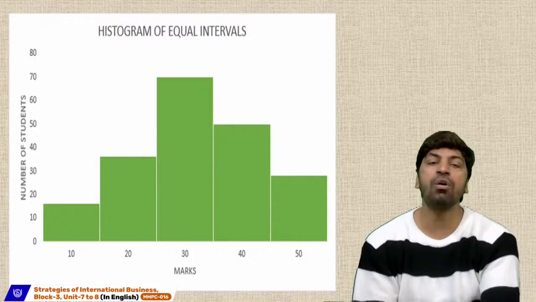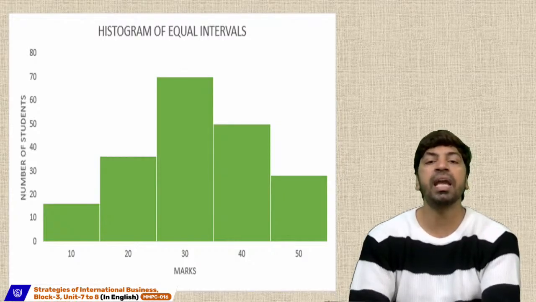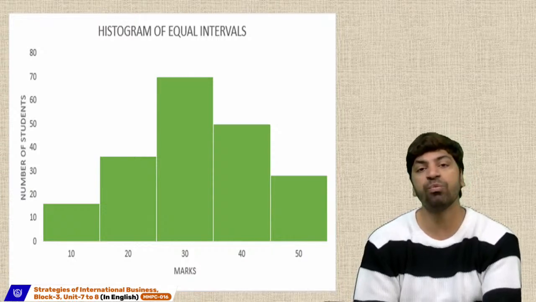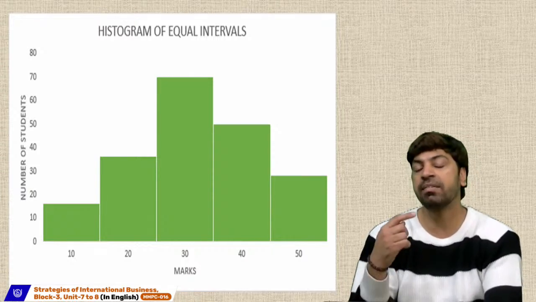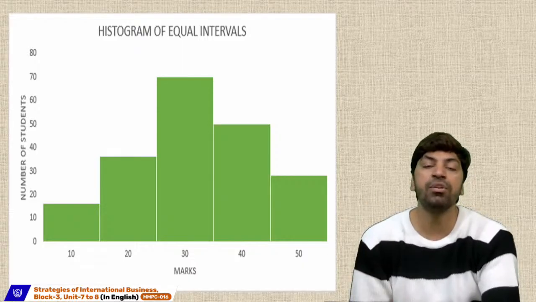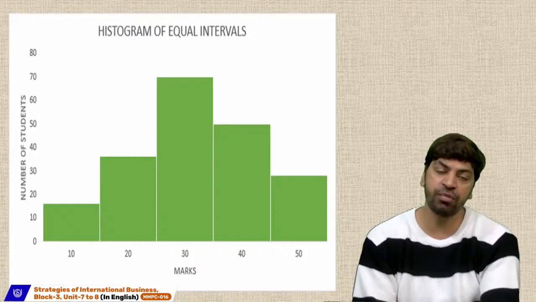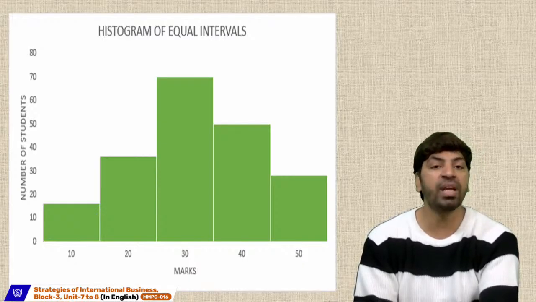So this is also rectangular bars, but there is no gap between the rectangular bars, compared to bar graphs. So a histogram of equal intervals has no gap between the intervals.